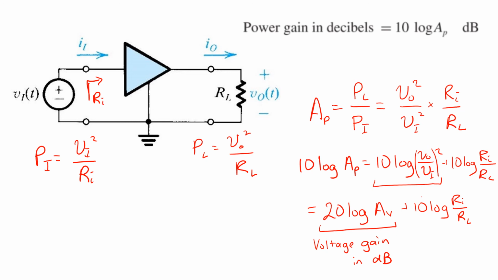It may be easier to understand this by way of a simple example. Imagine that the voltage gain of this amplifier doubles. Again, assuming Ri and RL don't change, the power gain, which we've shown is equal to the voltage gain squared times this ratio Ri over RL, quadruples.